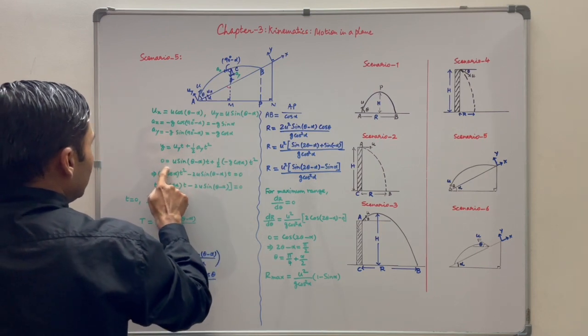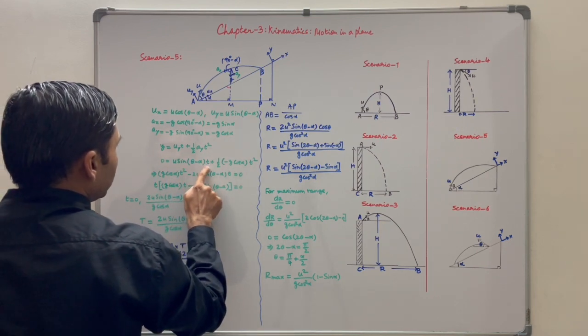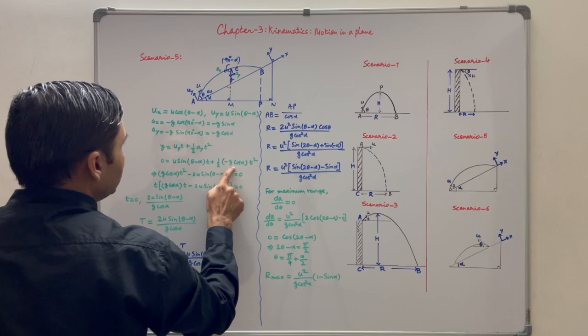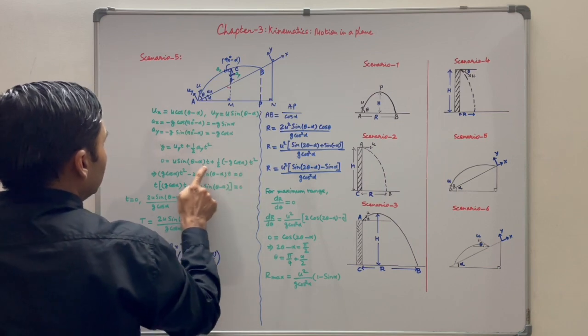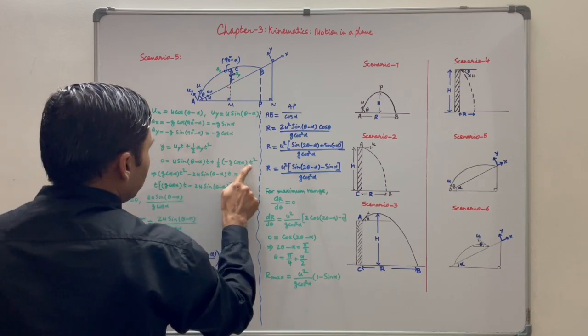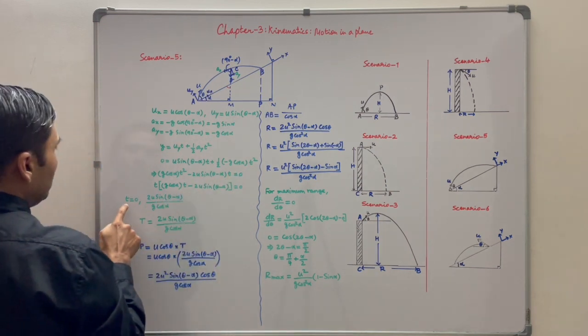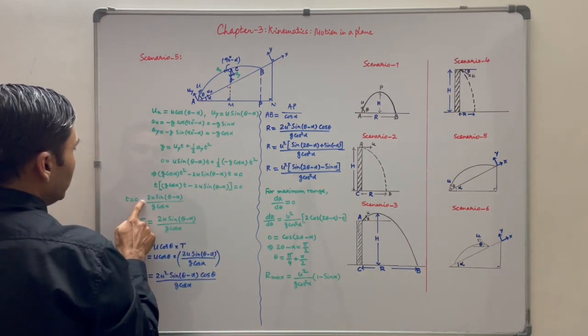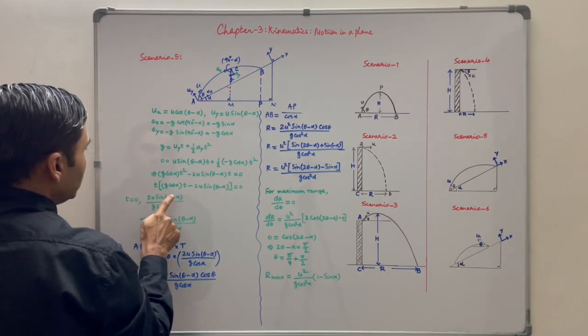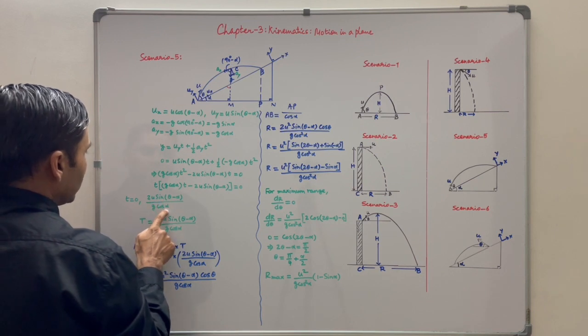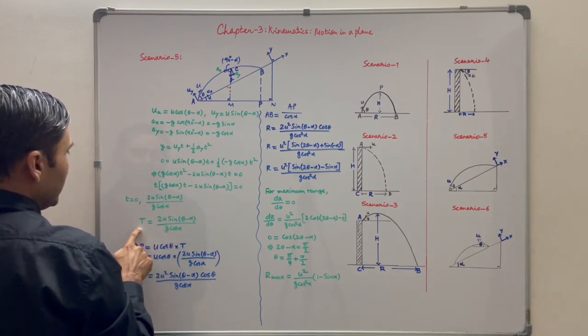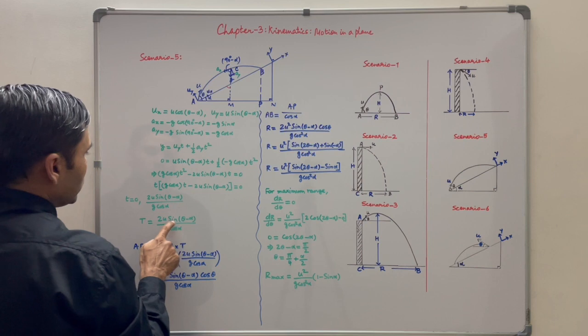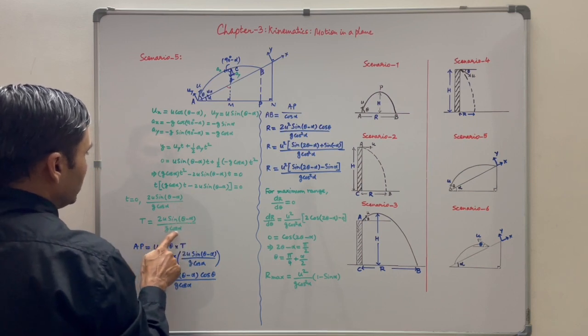So 0 is equal to u sin (theta minus alpha) t plus 1 by 2 (minus g cos alpha) t square. This gives a quadratic in t. Values of t will be t is equal to 0 and t is equal to 2u sin (theta minus alpha) upon g cos alpha. So time of flight will be equal to 2u sin (theta minus alpha) upon g cos alpha.